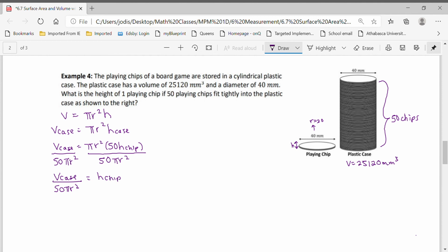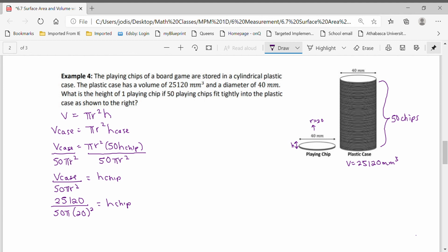Okay, so now we can fill in what we know. So we know that the volume of the case is 25,120. We've got 50 pi, and then the radius for the chip is 20, and that's squared. And that's going to give us the height of the chip.